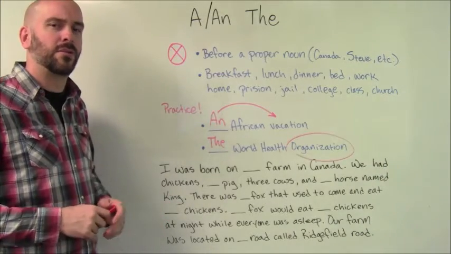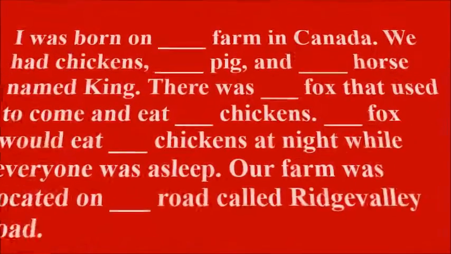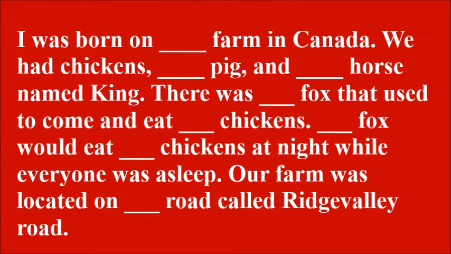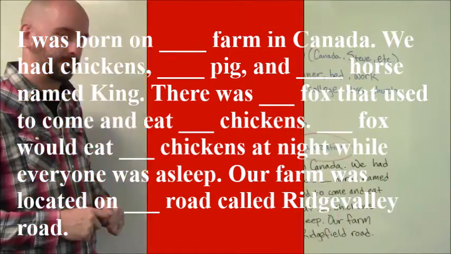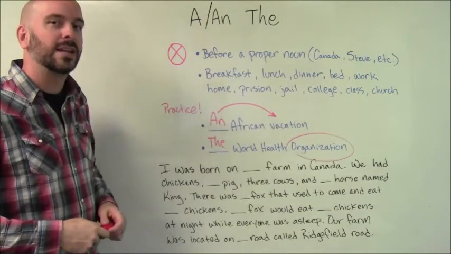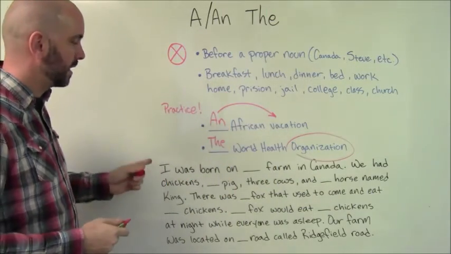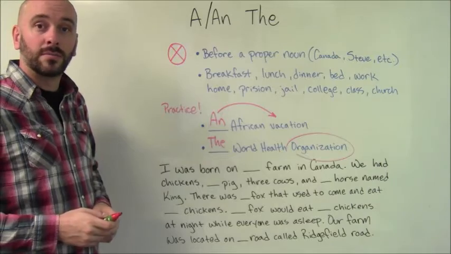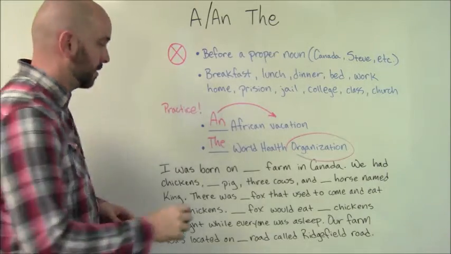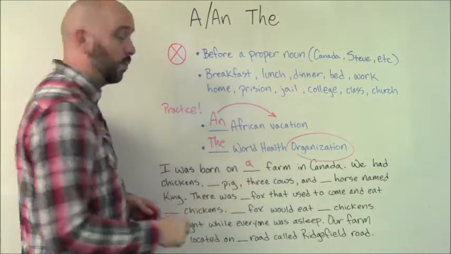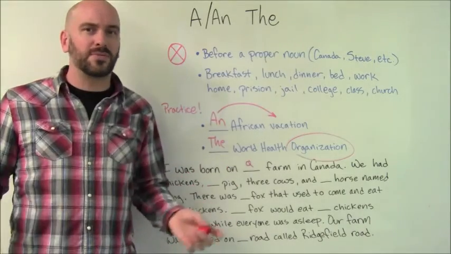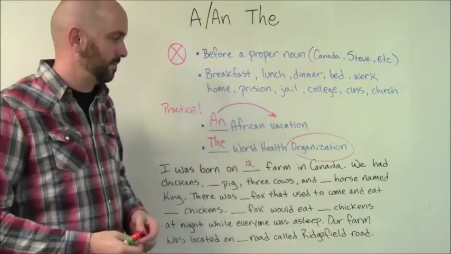Take a minute. Think about it. Okay, let's go through this together. I was born on a farm. Why a? Because there are many farms. I was born on one of them.